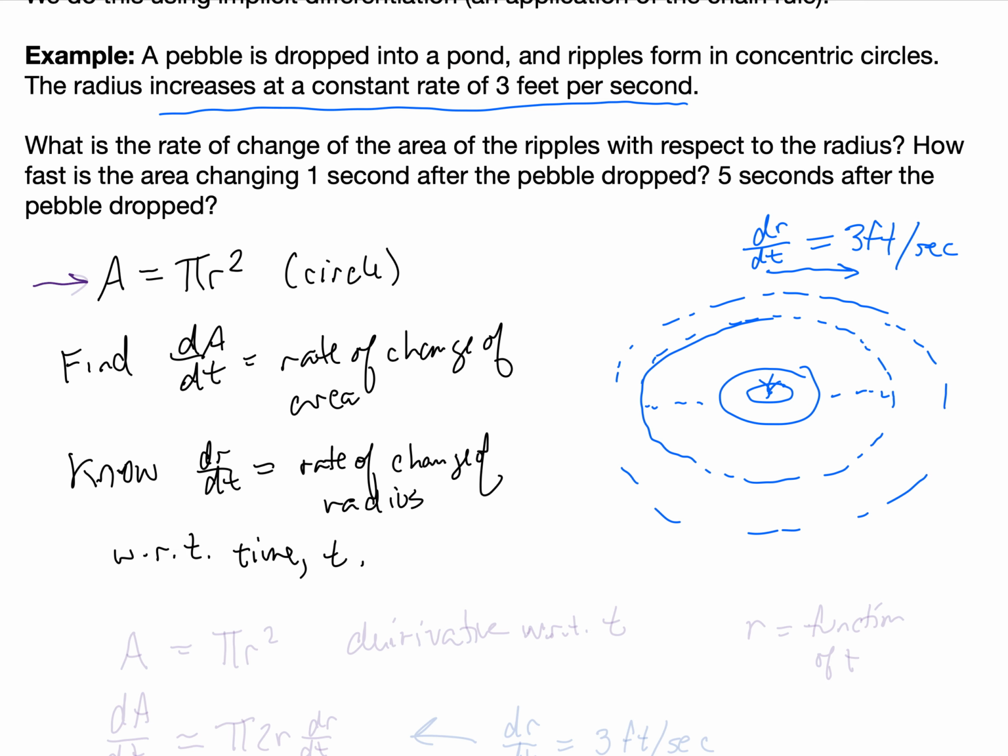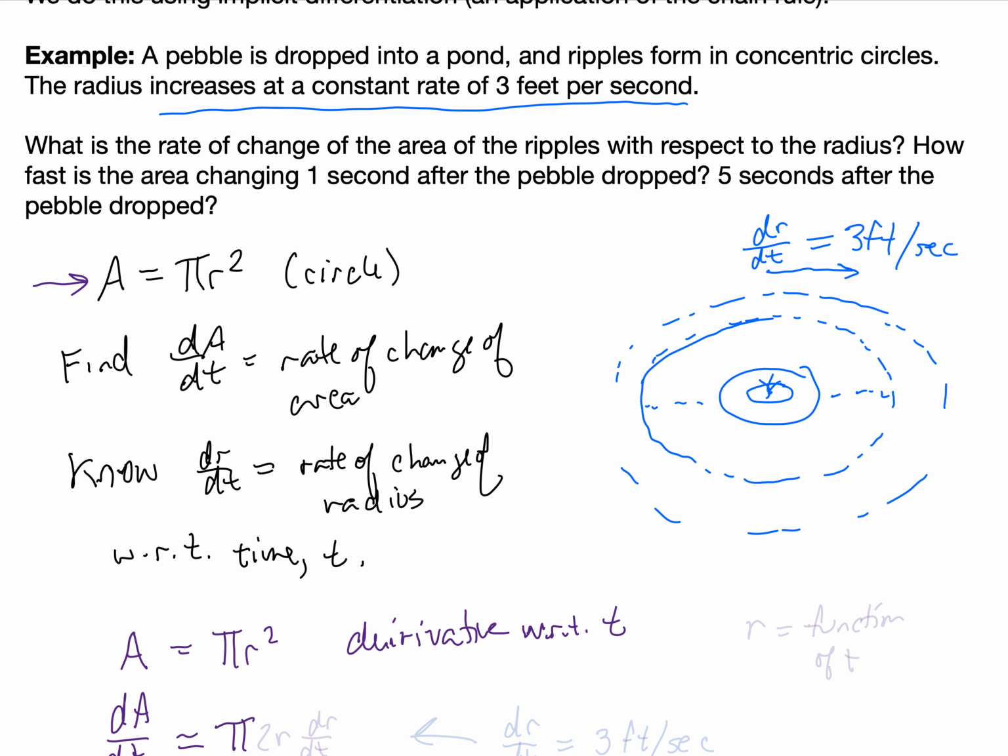Okay, so we have this formula for the area. Now we're going to take the derivative of both sides of this equation. We're going to take the derivative of A equals pi r squared with respect to t, the independent variable, time. The derivative of A with respect to t is just dA dt. Pi is a constant, so it just stays there.